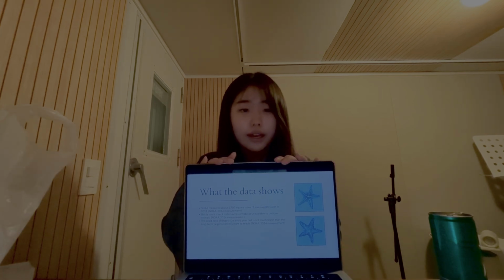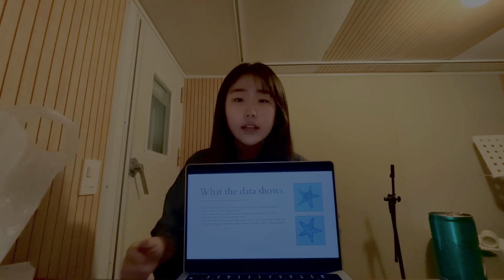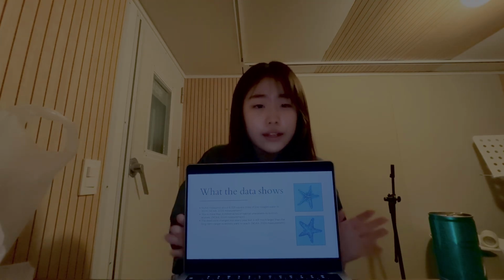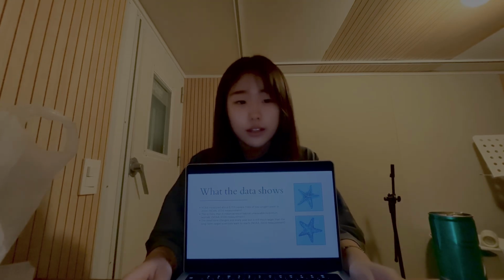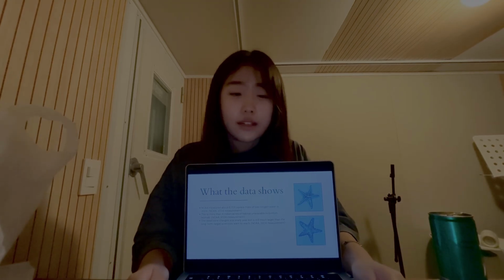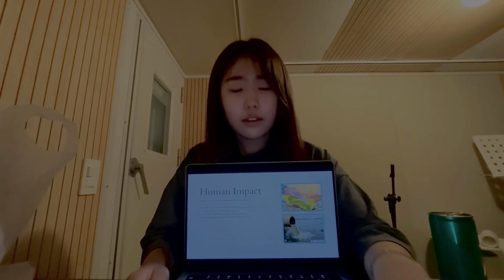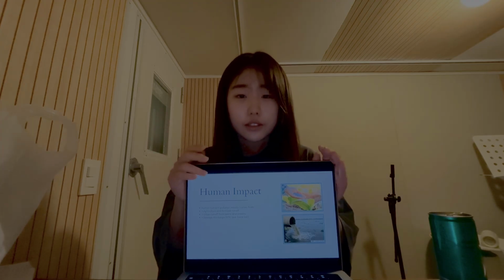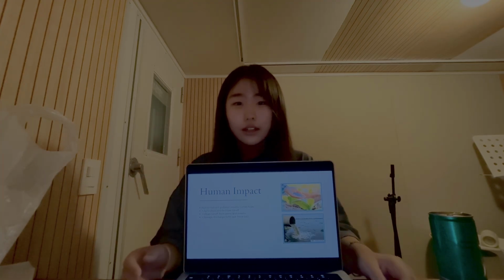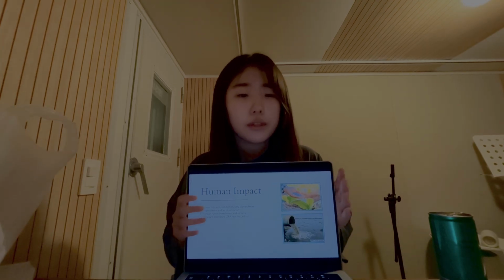So NOAA measures the Gulf of Mexico's dead zone every year, and they found out that the dead zone changes size every year, but is still much larger than the long-term target that scientists want to reach. And the dead zone is not only about natural disasters or soil erosion, it also includes human impact.